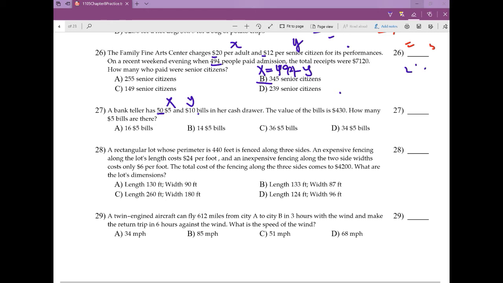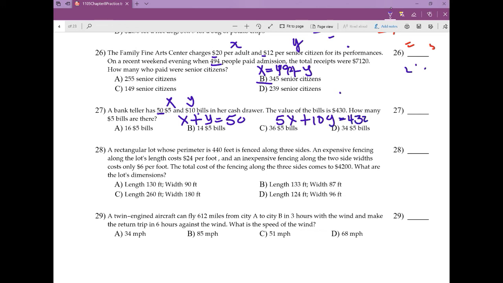Okay. So in our example, we're going to say x plus y is equal to 50, and that's our quantity equation. Our cost equation is 5x plus 10y is equal to 430.